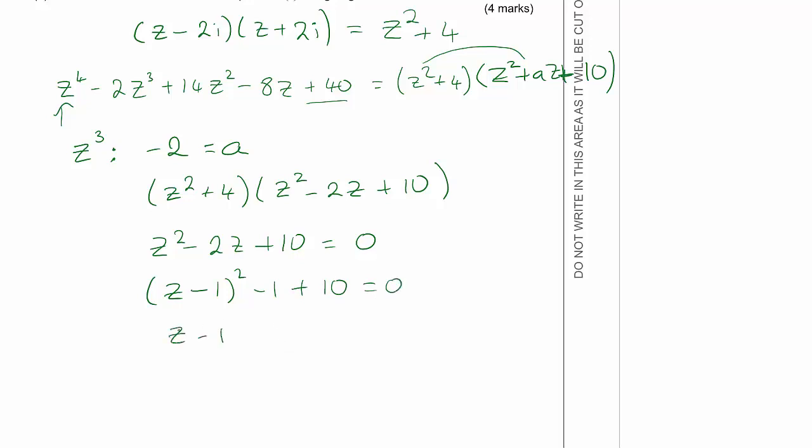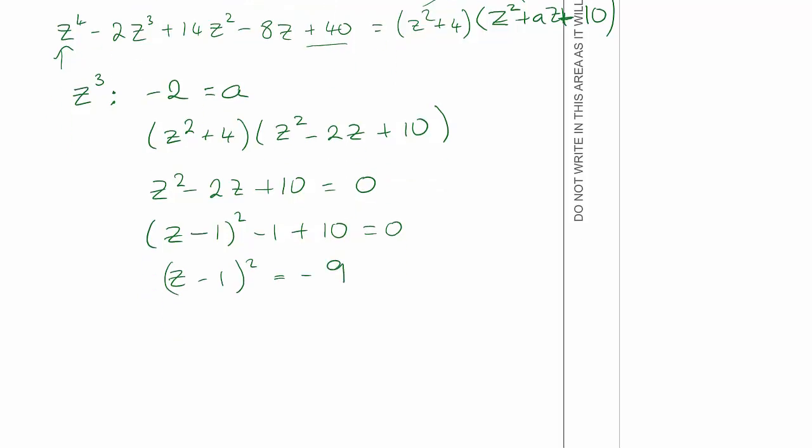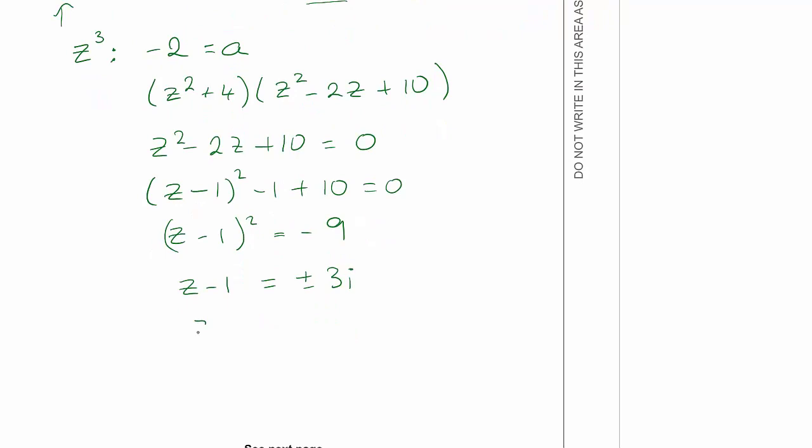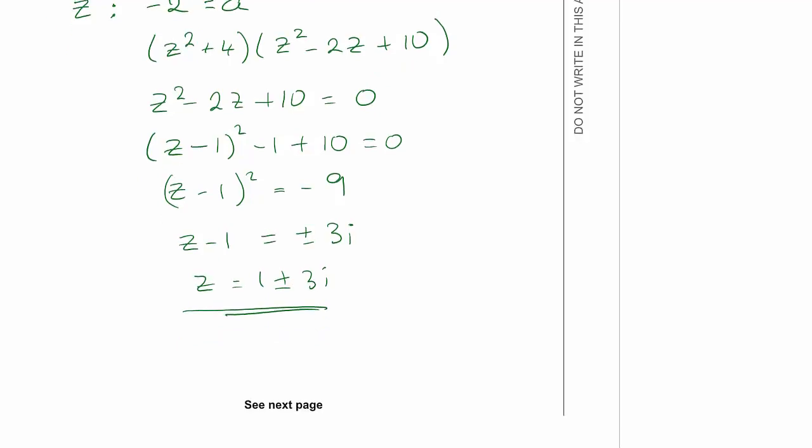So z minus 1 all squared is equal to negative 9. That tells me that z minus 1 is equal to plus or minus 3i, and therefore z is equal to 1 plus or minus 3i. So all of our solutions are 2i, negative 2i, and 1 plus or minus 3i.